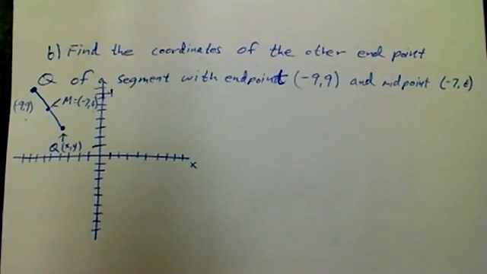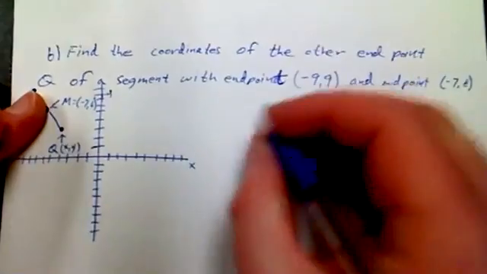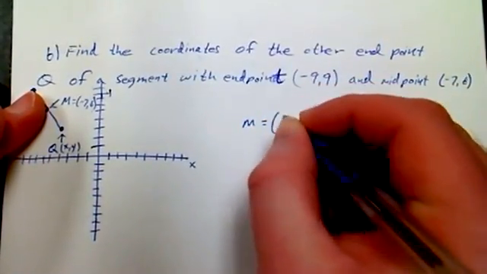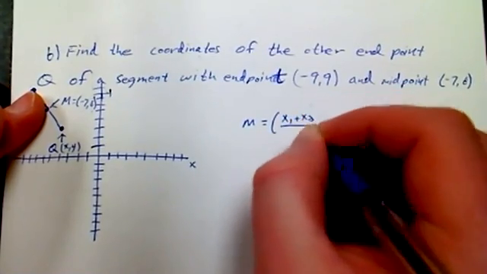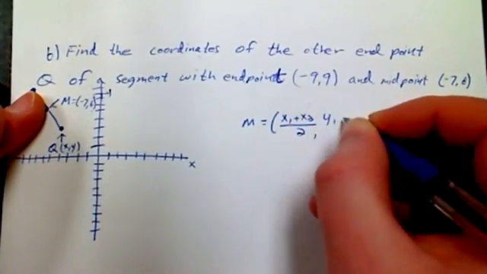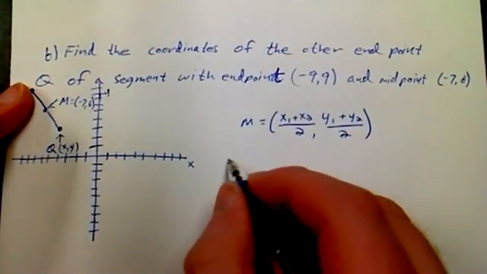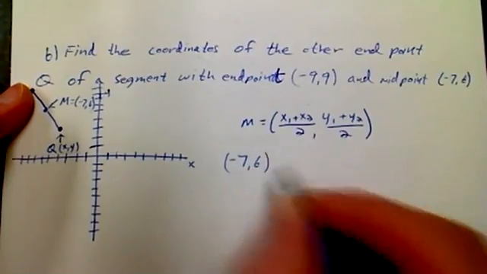Well, we can just kind of move it around. We know that our midpoint formula is this. The midpoint is equal to x1 plus x2 over 2, the average of the x's, comma, the average of the y's. So we know the midpoint is -7, 6.